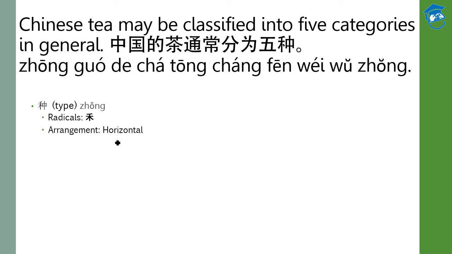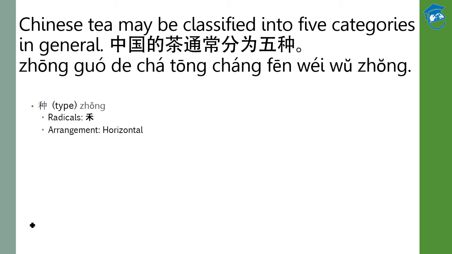So the arrangement is horizontal because you have left and right components. Let's look at how to write 种. 1, 2, 3, 4, 5, 6, 7, 8, 9. 9 strokes for this word.